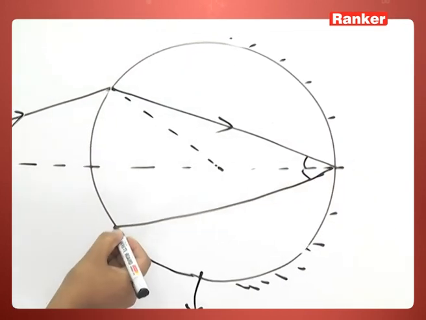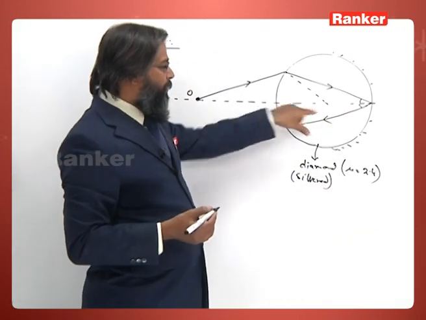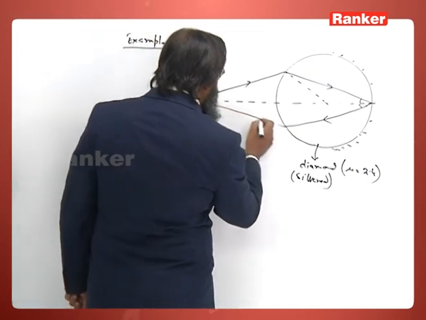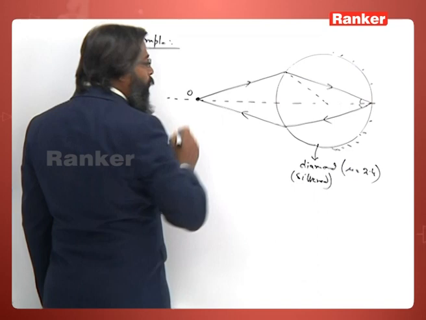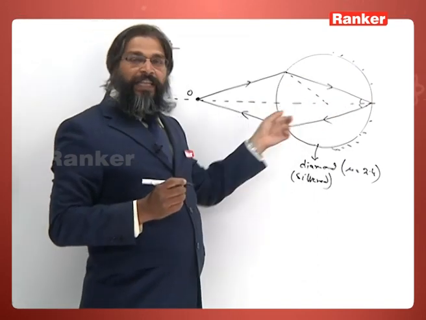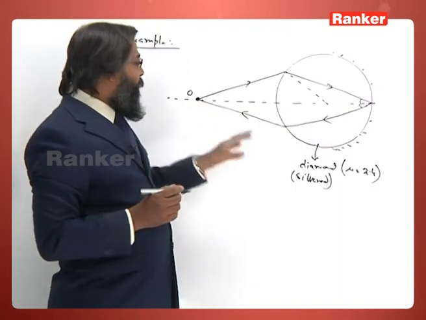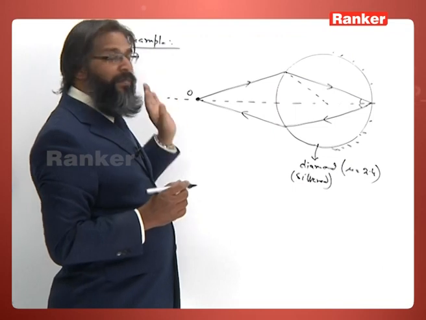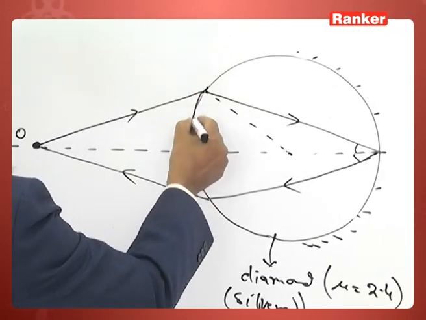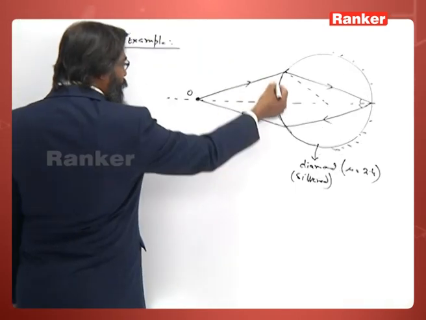It will bounce in this direction, symmetric, and due to the symmetry of the situation, this ray will go back to point O. So, if it is symmetrically reflected from this point, it can form an image here, and object and image will coincide. For this to happen, we will apply the refraction at this surface.